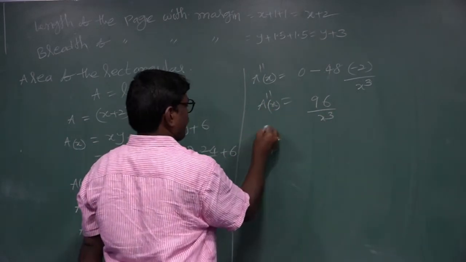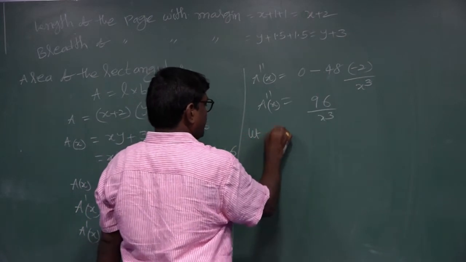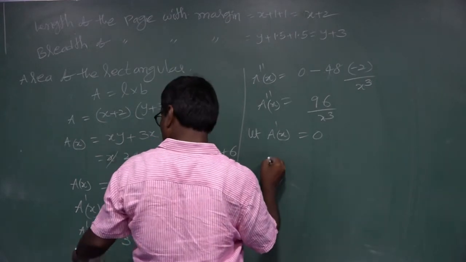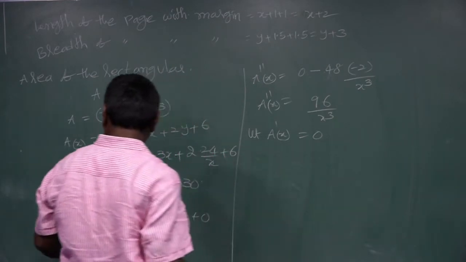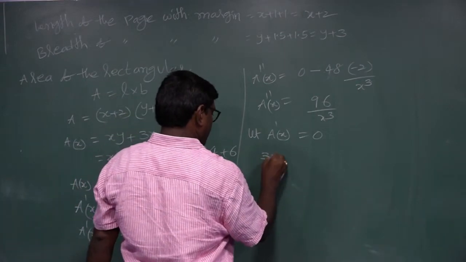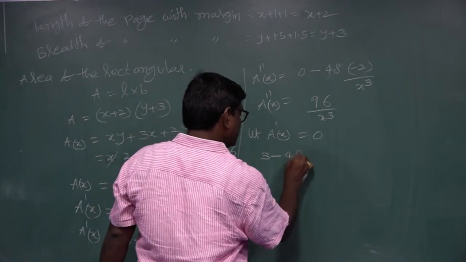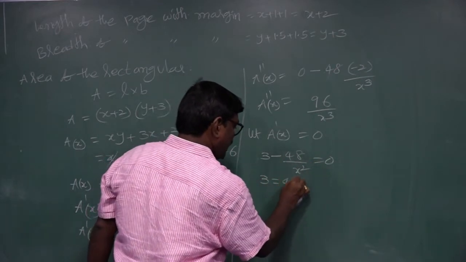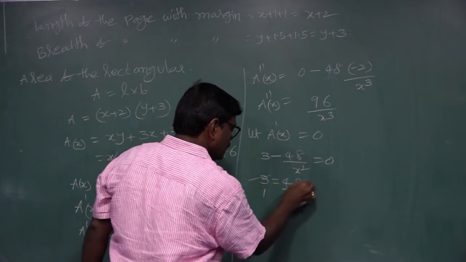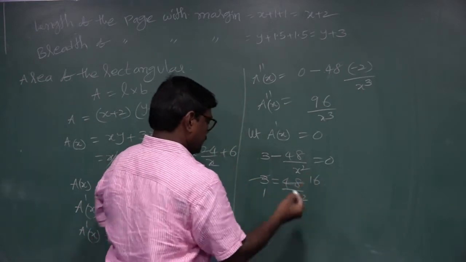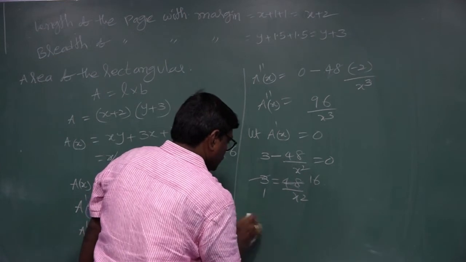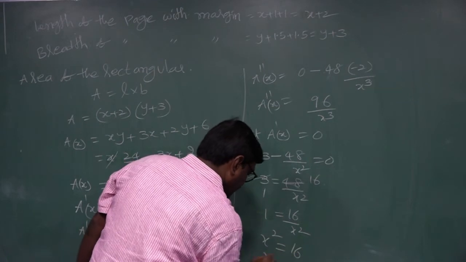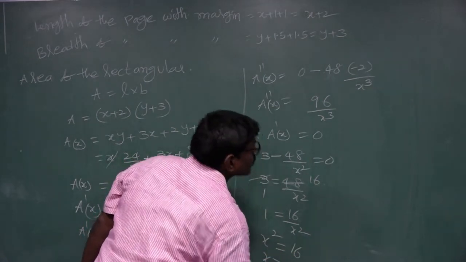Let A dash x equal to 0. So A dash x, 3 minus 48 by x square, equal to 0. 3 equal to 48 by x square, so 1 equal to 16 by x square. x square equal to 16, x equal to plus or minus 4.